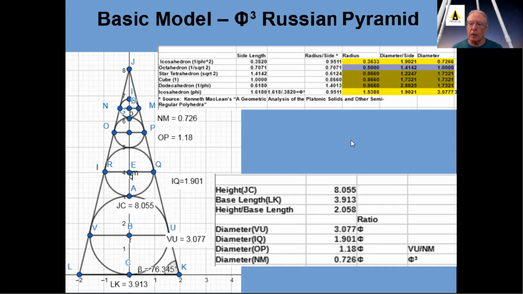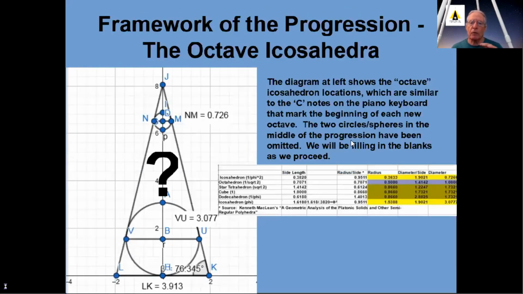But the important thing to take away from this discussion is that we've now got a framework of the progression of Platonic solids that we can start with. It's kind of like our anchor, which is the octave icosahedra. So what we're going to be doing, the diagram on the left, as I say, shows the octave icosahedra locations, which for those of you who have some interest in the piano, know that it's similar to the C notes on the piano keyboard.